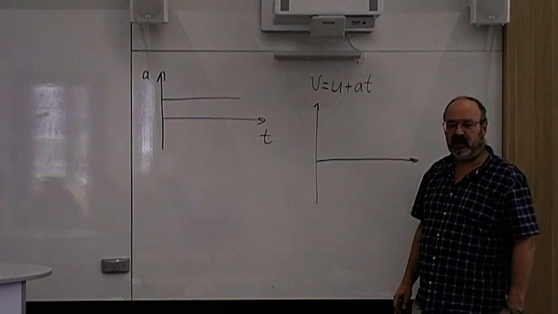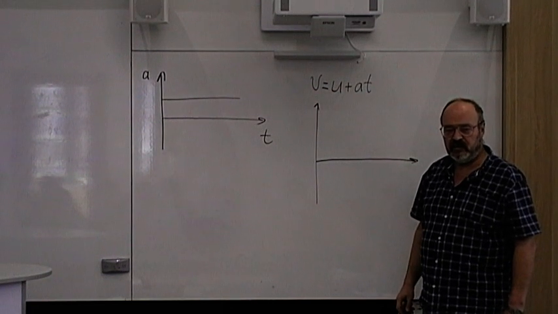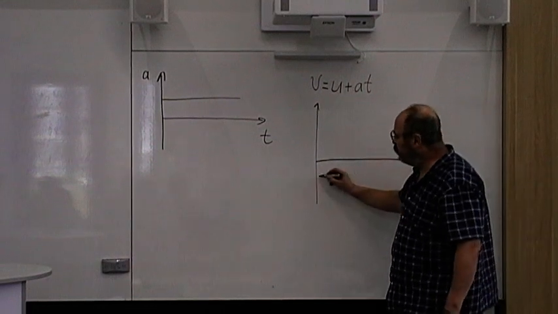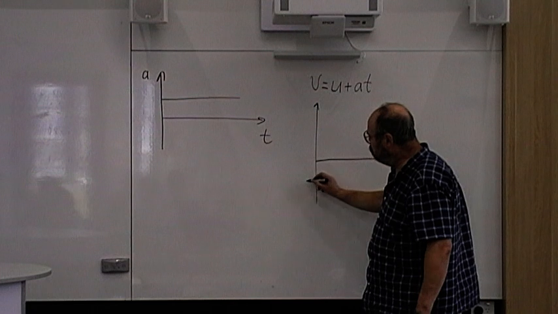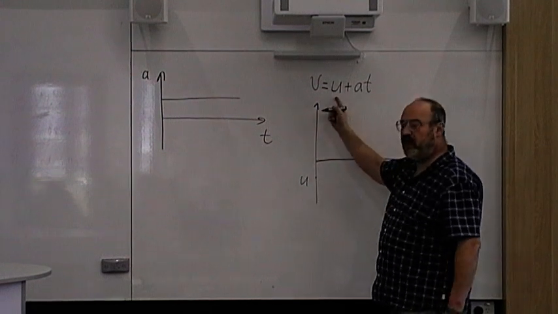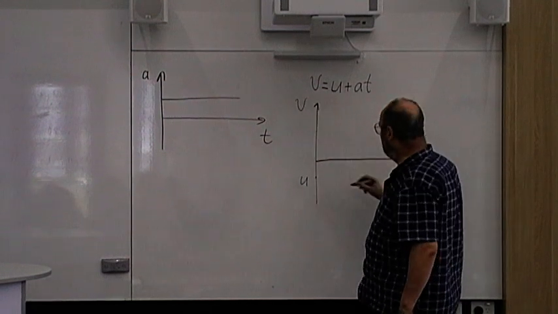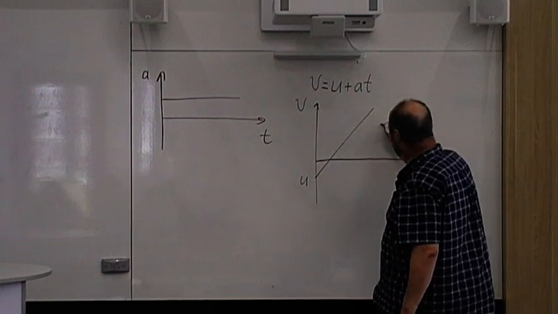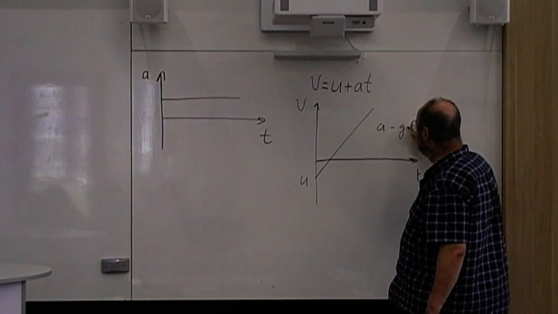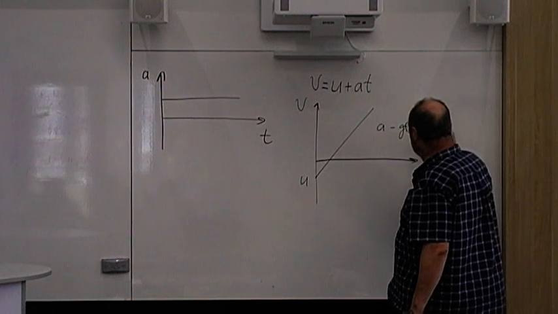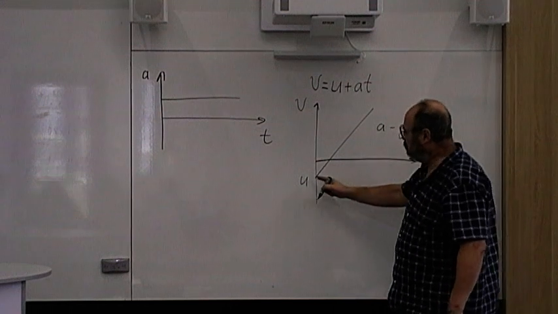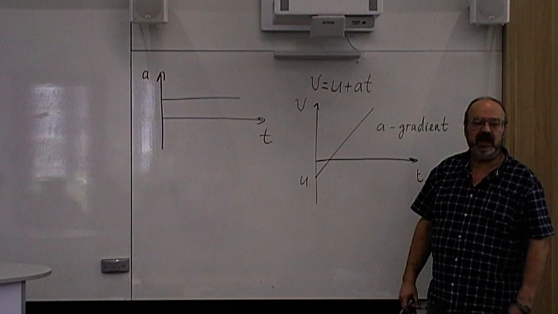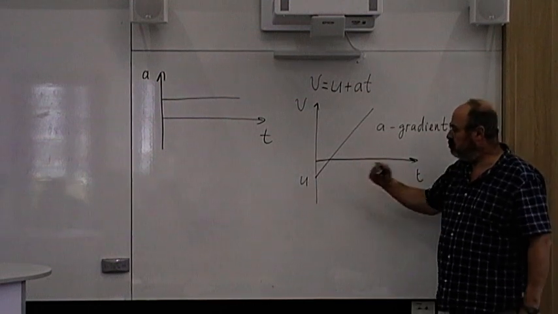What will be the gradient of this graph? Constant. Acceleration is the gradient. So if this is u, the initial velocity, that will be the y-intercept. We have v against t, and acceleration is the gradient. If the initial velocity is negative, it's moving in the negative direction initially.